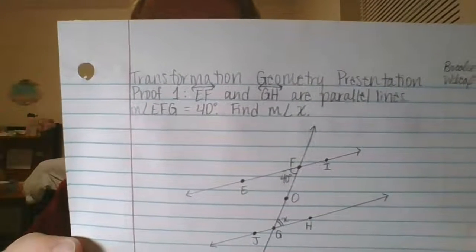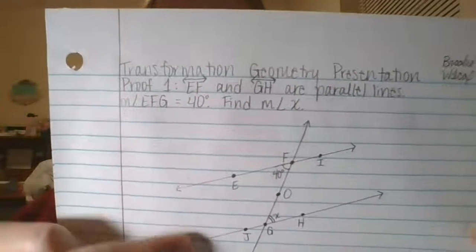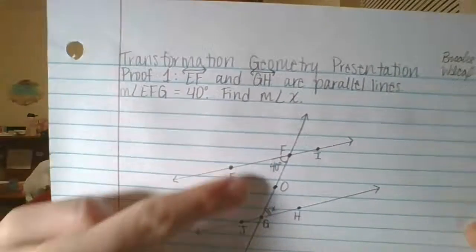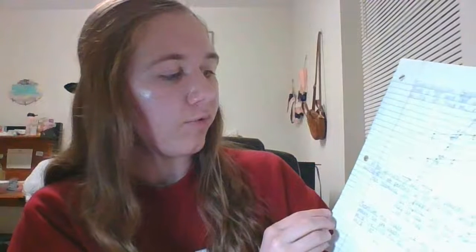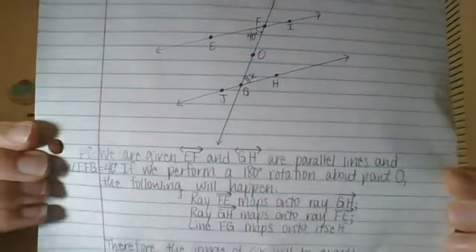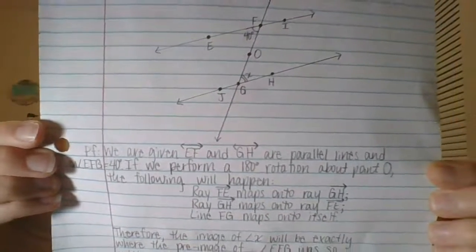We have that EF and GH are parallel lines right here, and we have the measure of angle EFG is 40 degrees, which we have placed right here. And now it says the proof, we are given EF and GH are parallel lines, and the measure of EFG of this angle is 40 degrees. Let's see, the following will happen.